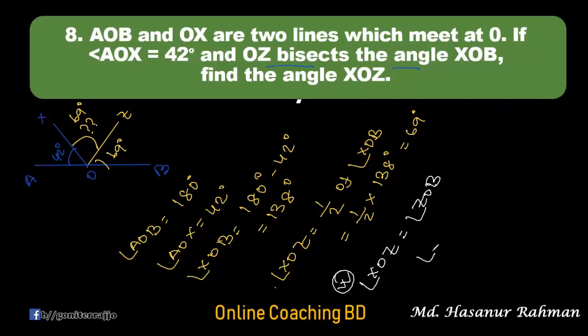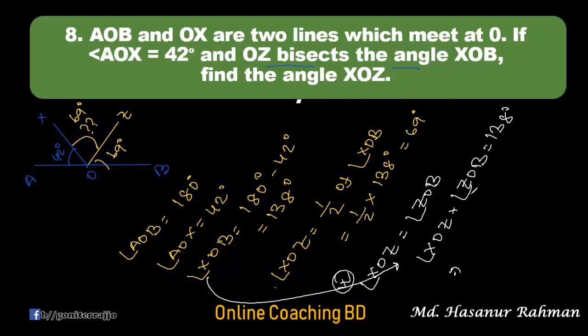And we can say angle XOZ plus angle ZOB should be 138 degree. Why? Because angle XOB equals angle XOZ plus ZOB. If the value of these angles is 138 degree, then the summation of these two angles should be 138 degree also.